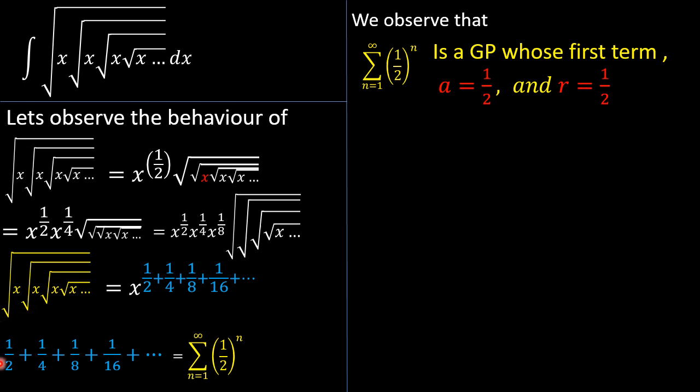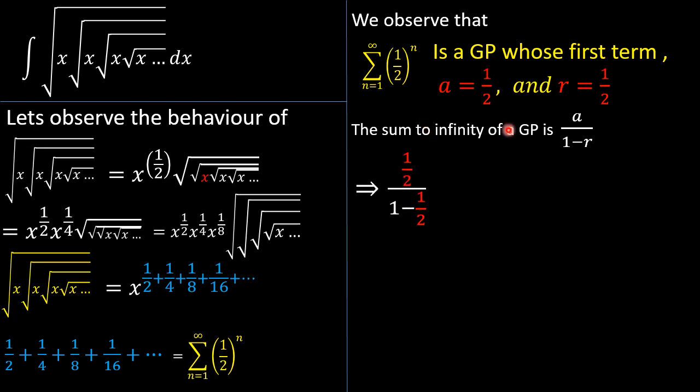We have infinite terms. Now if we want to get the sum of all those terms, we are simply going to be looking for the sum to infinity, and it is given as a over 1 minus r. That is for a geometric progression. If we substitute our values, a is 1/2, so we have 1/2 all over 1 minus r, which is still 1/2. 1 minus 1/2 simply gives us 1/2, so we have 1/2 over 1/2, that gives us 1.